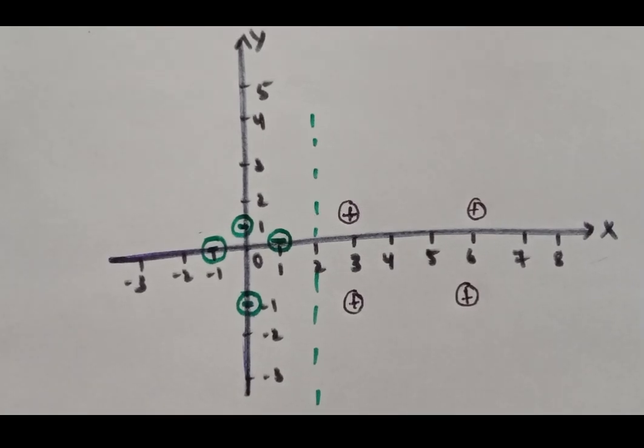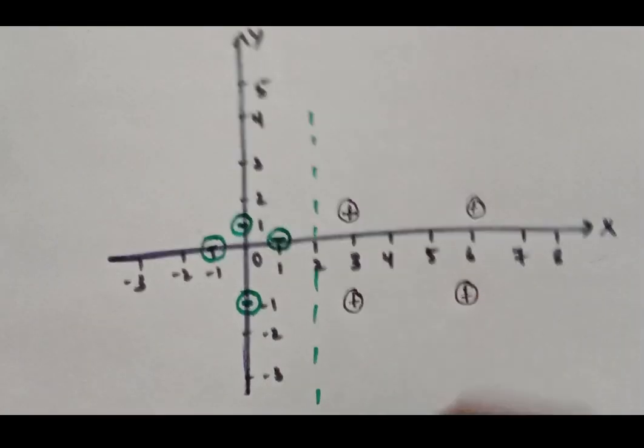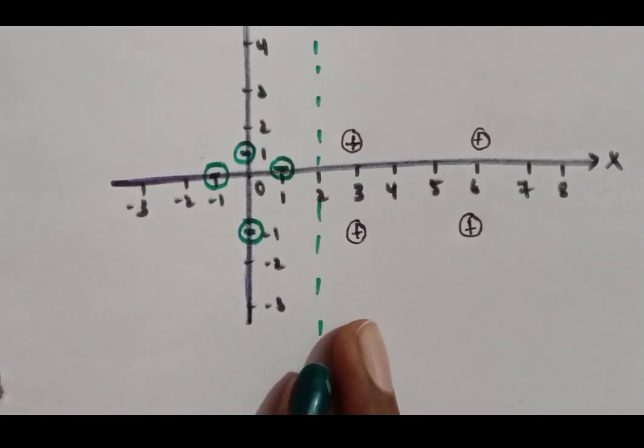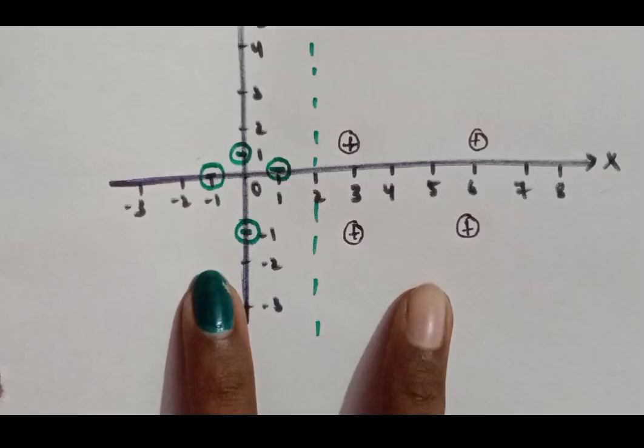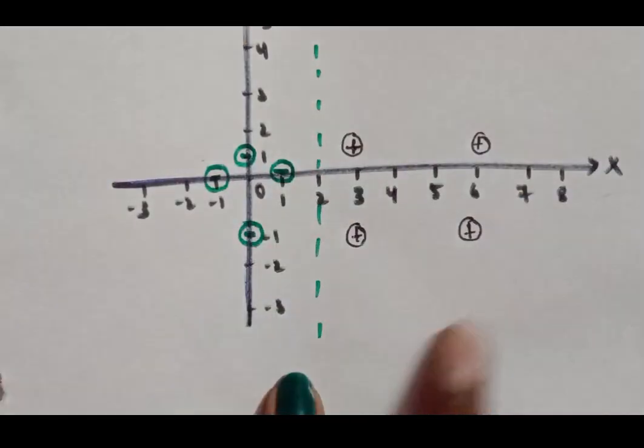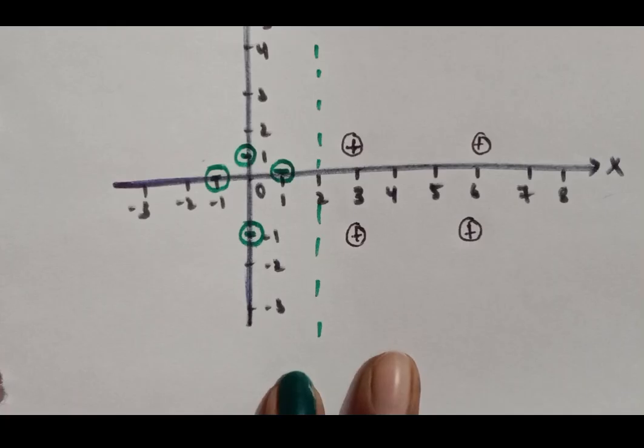And this belongs to a linear SVM. If the negative and the positive data points are separated with the help of the separating hyperplane, we call it a linear SVM.